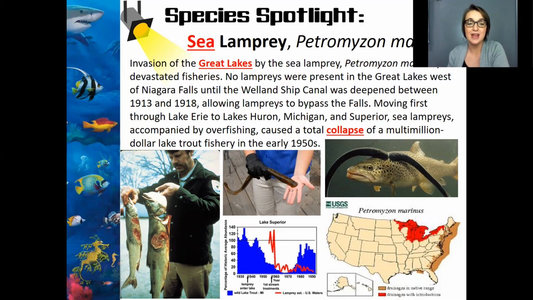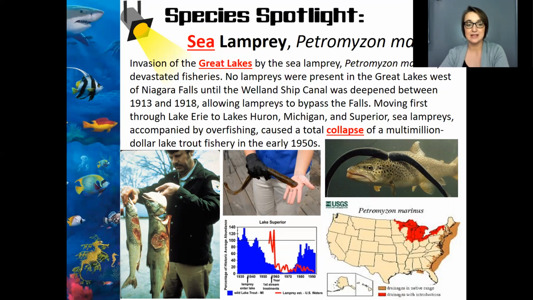So the sea lamprey, even though it is of course called sea lamprey, comes into fresh water, and we've actually had a problem with this in the United States, up around Michigan. Lampreys were not a common fish in the areas around the Great Lakes, all the way up to Niagara Falls. And then humans dug a very large canal to allow ships into the Great Lakes and to the ocean.